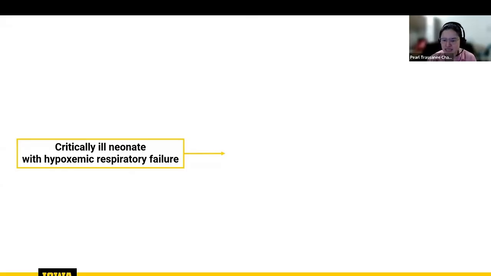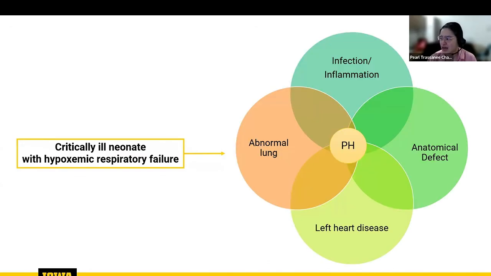Usually in critically ill neonates who present with hypoxemic respiratory failure or severe hypoxemia, the term neonatal pulmonary hypertension is typically mentioned and widely used. However, neonatal PH involves a complex interaction, like I have discussed before, which is quite unique, as well as other illnesses affecting the newborn, especially underlying infections and or perinatal hypoxic ischemic events.